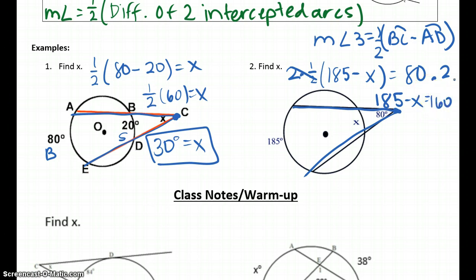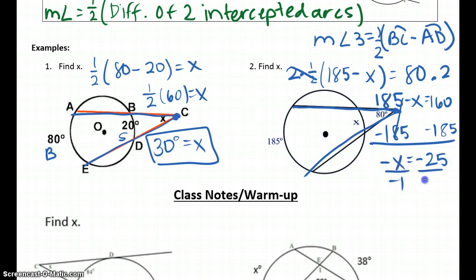And now I'm going to start solving for x, so I will subtract 185 from both sides. And I'm going to get a negative x equal to a negative 25. To get x alone, I divide by negative 1, so x is going to be 25. So in this case, I was looking for the other piece of the arc.